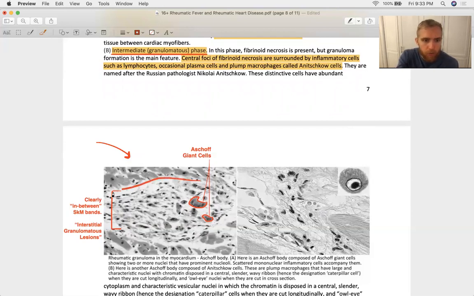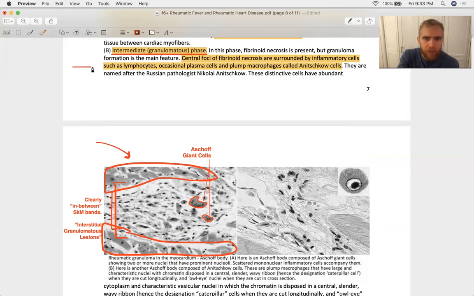And so you see the cardiac muscle at the top edge of this picture, and that's like a fascicle, you know. It's got a perimysium around it. And in between these two bundles, in this zone here, that's where you've got this interstitial granulomatous lesion that is super characteristic of rheumatic fever.